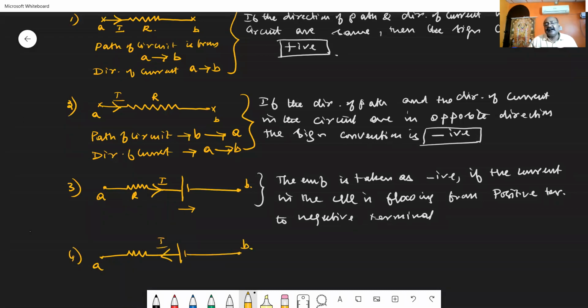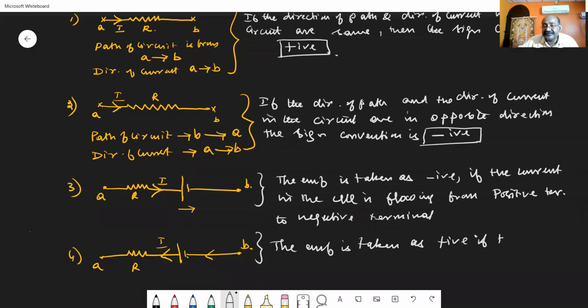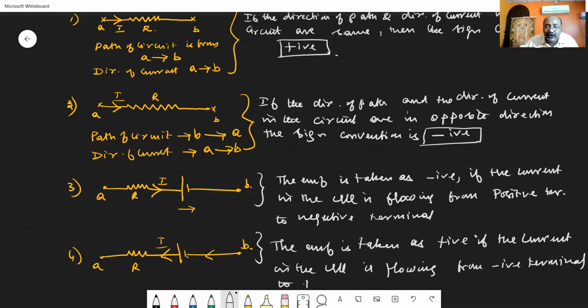If you are considering the direction of current I like this, that is I is flowing from B to A, that is from lower to higher, then I can say the EMF is taken as positive if the current in the cell is flowing from negative terminal to positive terminal, then it is considered to be positive.